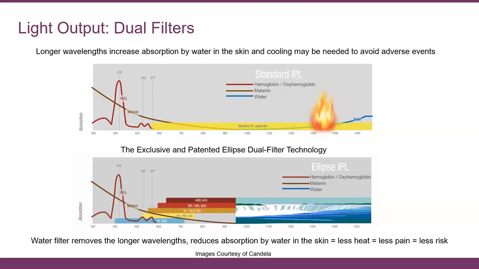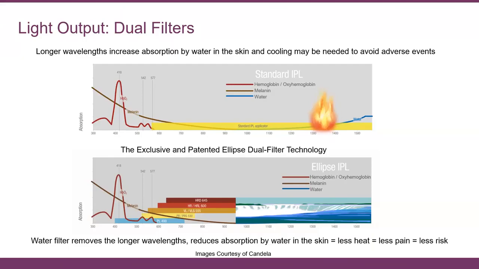However, with our system, rather than putting our cutoff in that 1200 nanometer range, depending on the handpiece we're using, we're cutting off at a maximum wavelength of 950 nanometers. So we're only just getting into that stage of water becoming a strong absorber of the light. The consequence of this is twofold. Firstly, we're not heating up the surrounding tissue to the same degree as you would with a much broader range of light, so it's a much more comfortable treatment.